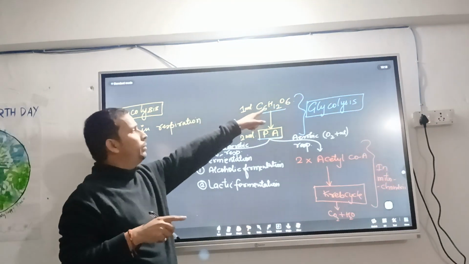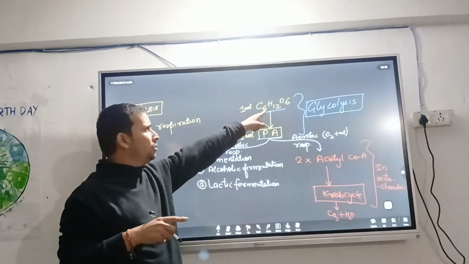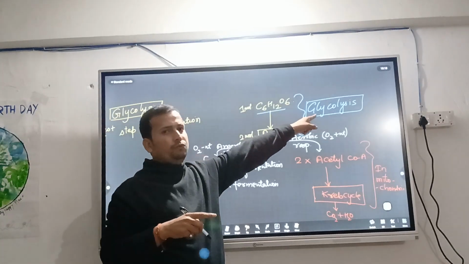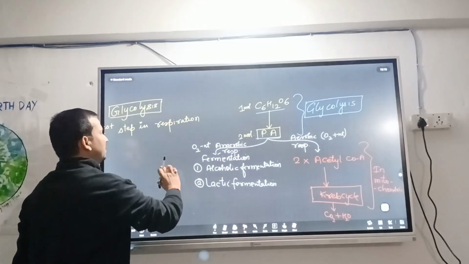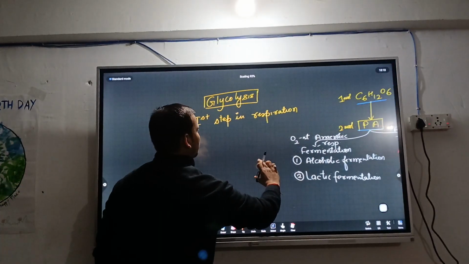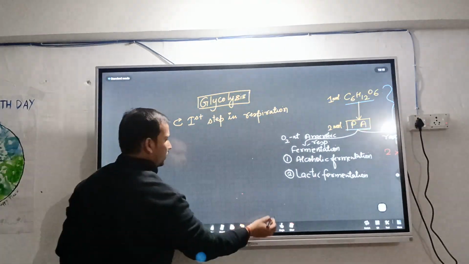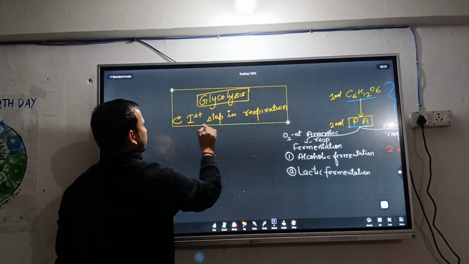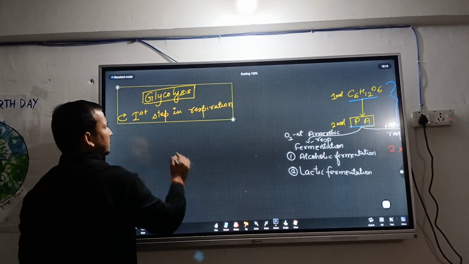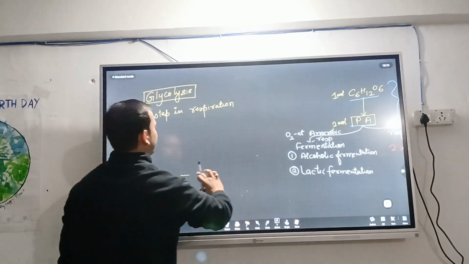So in the breakdown or in the oxidation of glucose, the first step which is coming is glycolysis. So let's discuss glycolysis. Okay, so let me take this whole part here.